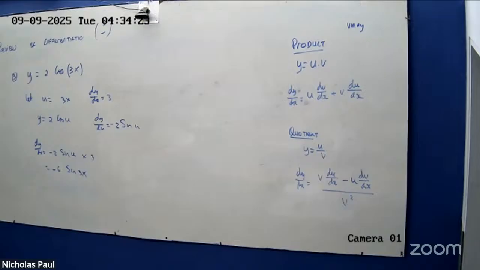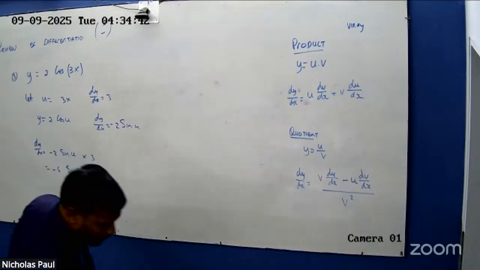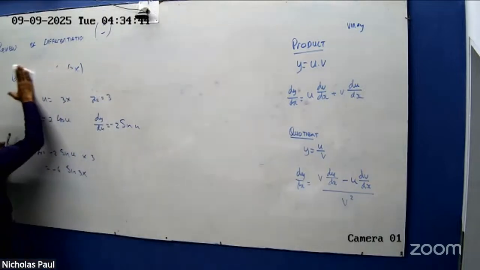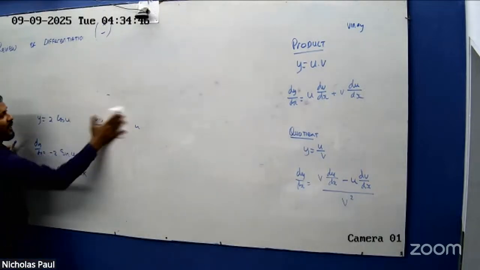Product rule and quotient rule. Product, a fraction. I may give a better answer than that.